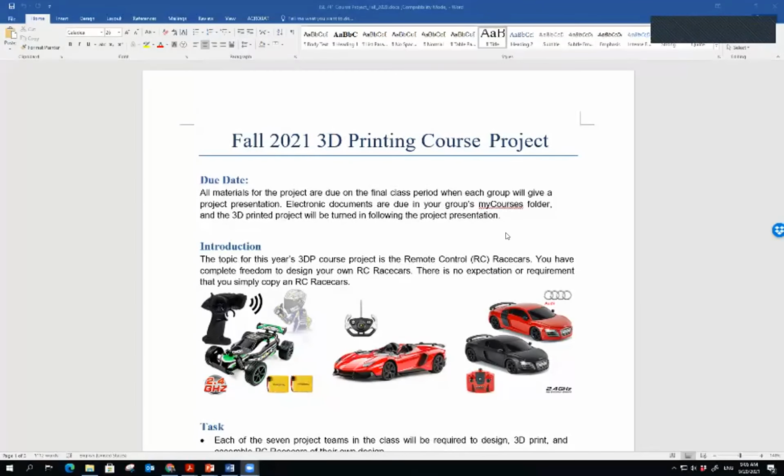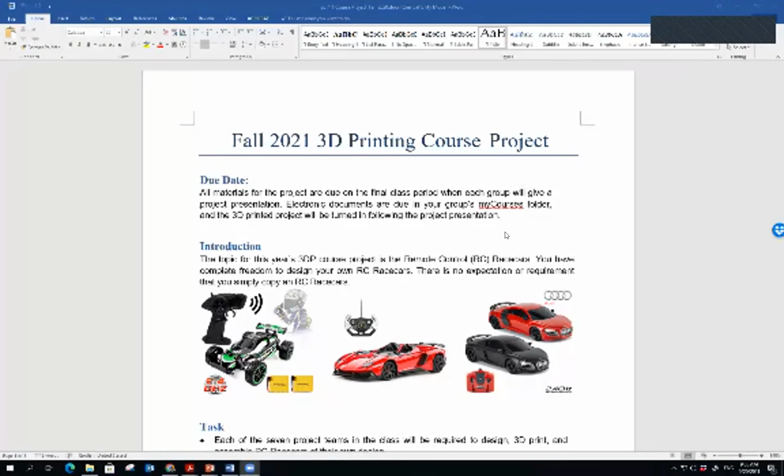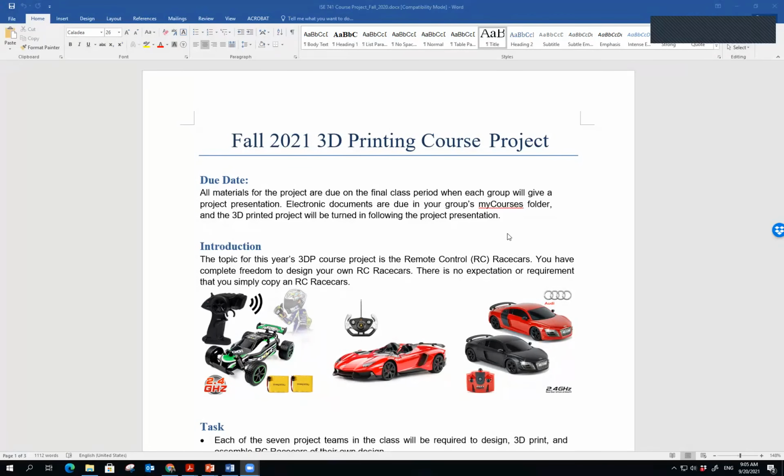So as I mentioned before, let's do an RC car for this semester's project.